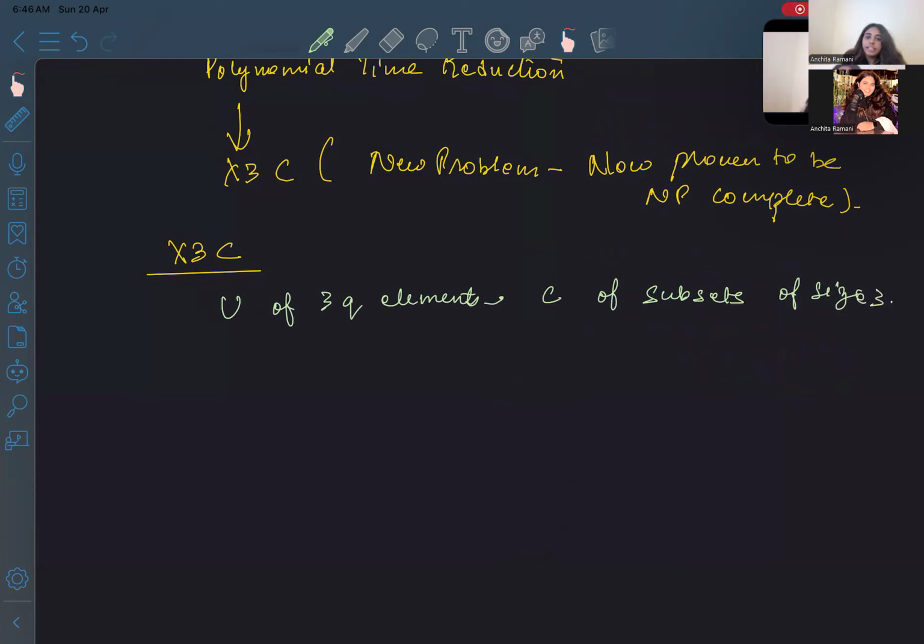Your goal is to select Q subsets that together cover U exactly once, with no overlaps and no missing elements.